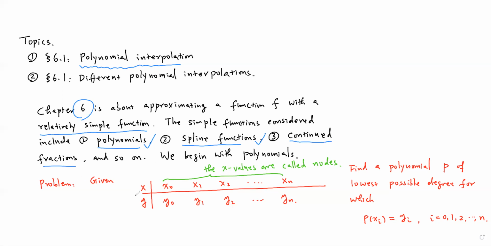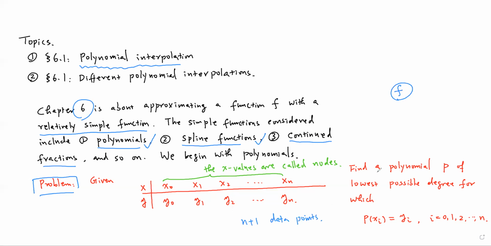The problem that we want to solve in this chapter 6 is this problem. Suppose we are given some data points about function f. Say here, it is a table of n plus 1 data points.